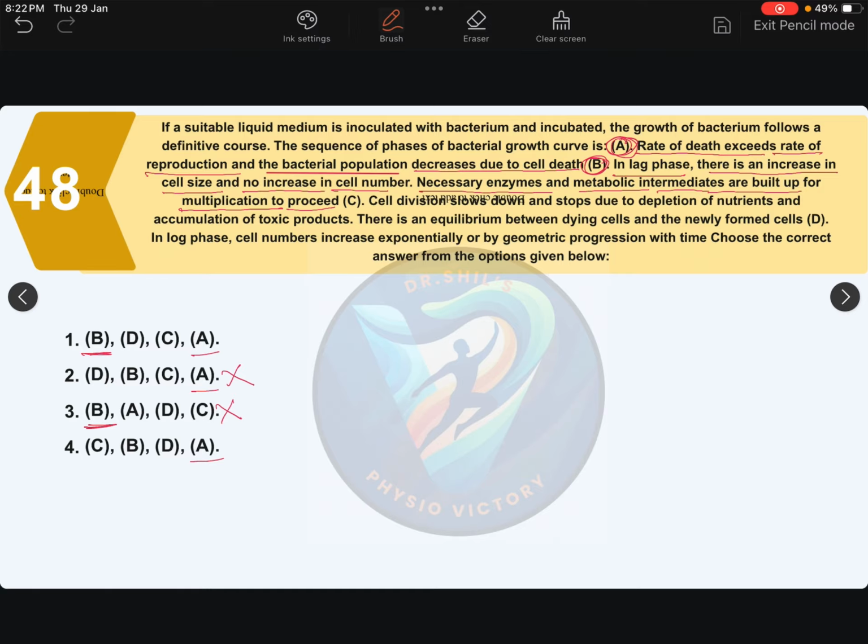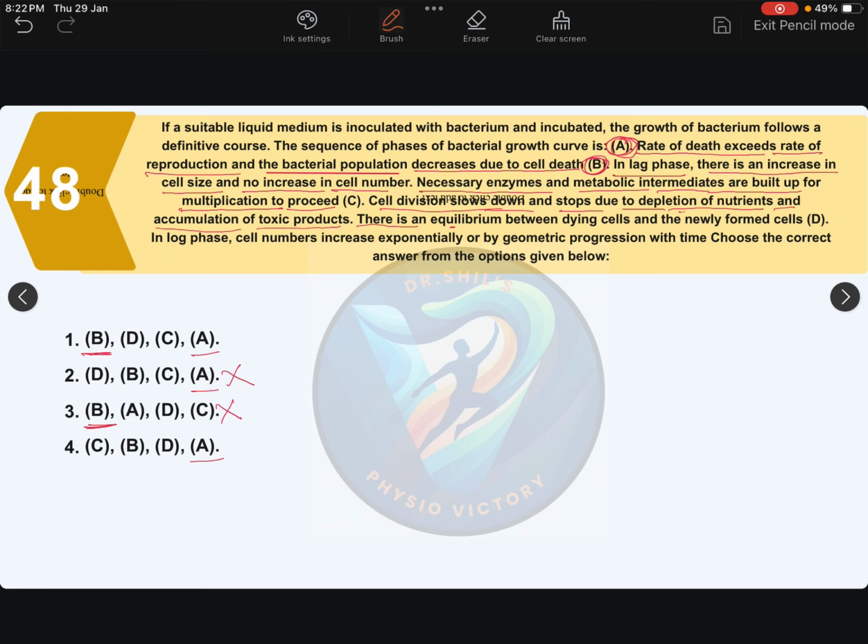सी क्या बोल रहा है, सेल डिवीजन स्लो डाउन एंड स्टॉप्स ड्यू टू depletion of nutrients and accumulation of toxic production.